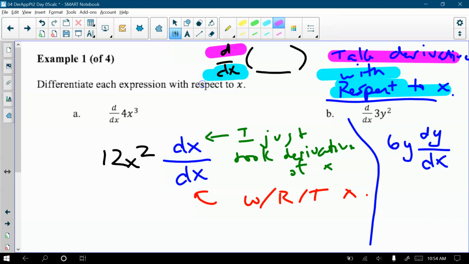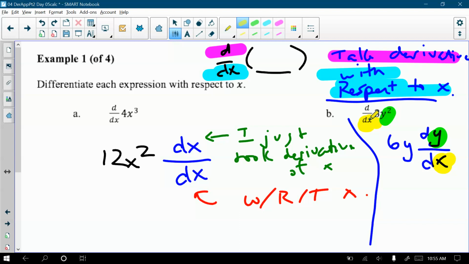So let me highlight some things here. I took the derivative of y because there were y's in the equation, but I took the derivative of y, with a different color, with respect to x. I took the derivative of y with respect to x.